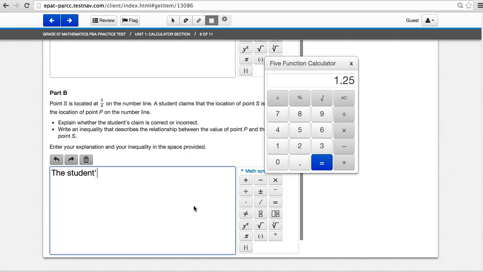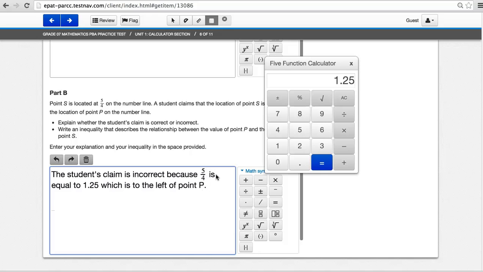The student's claim is incorrect because, let's use this fraction button and type in 5 over 4, 5/4 is equal to 1.25, which is to the left of point P.